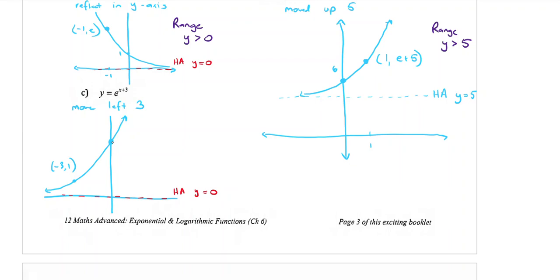The intercept is when x equals 0, which means e to the power of 3. So that value there is e to the power of 3. And what's the range? Y is greater than 0 again. Just making sure I do everything the question says. Okay, next page. Question 2.